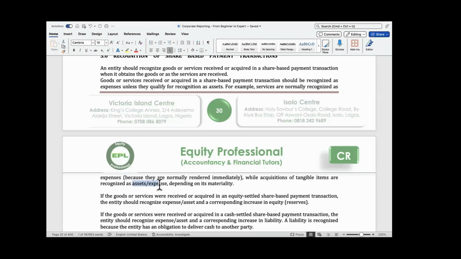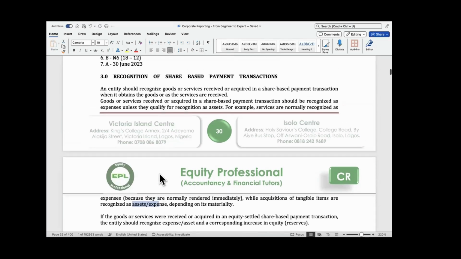But whenever you have an obligation to deliver cash, that has to be a liability. That's why the other leg for cash settled share-based payment is liability. So that's the recognition. That's how you enter it in the books.